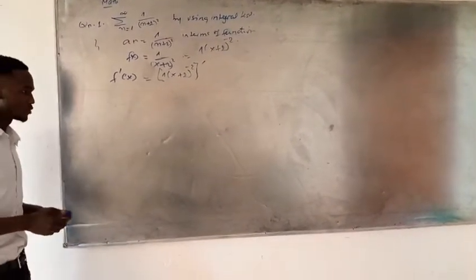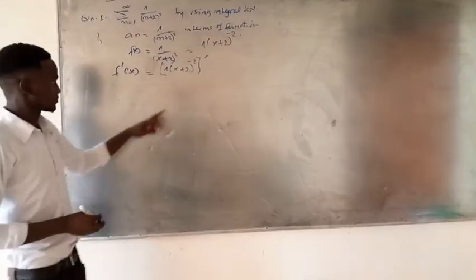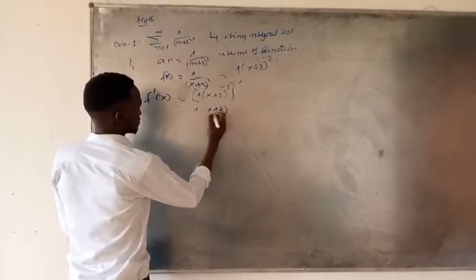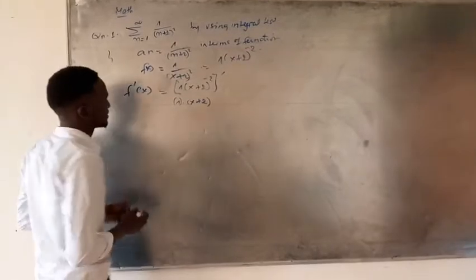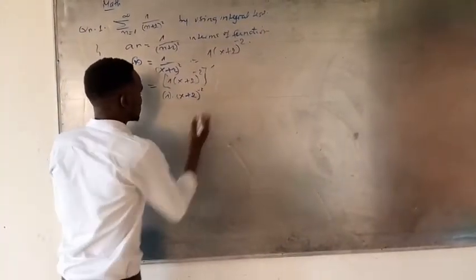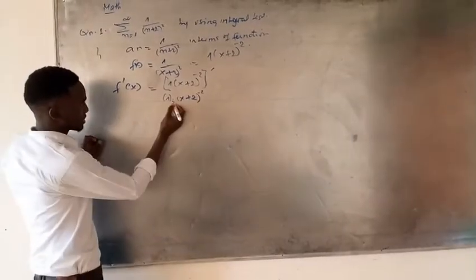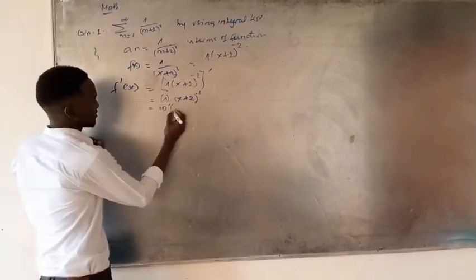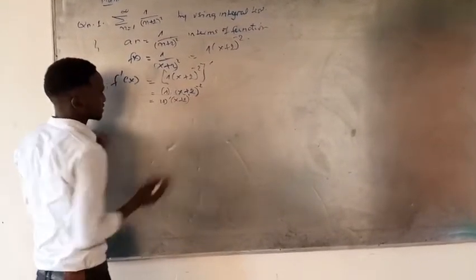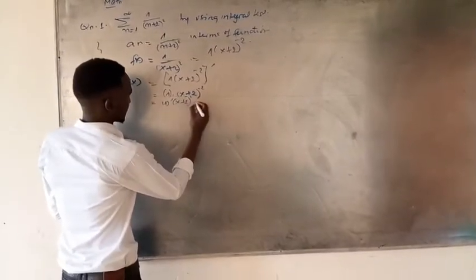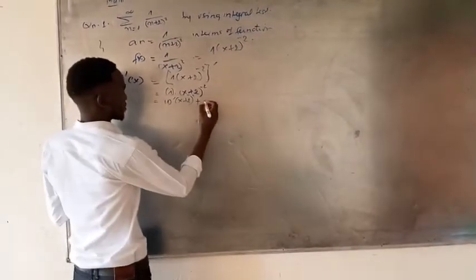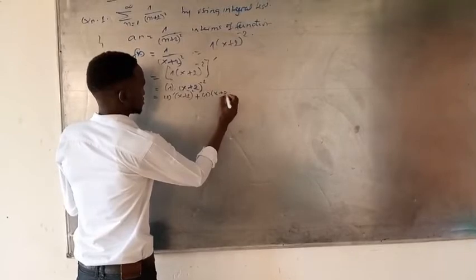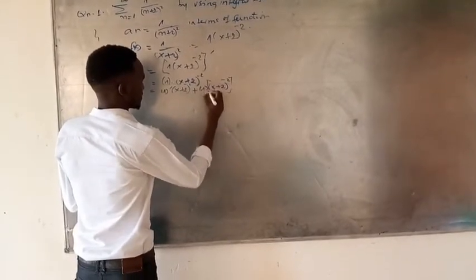Here you will find that if you have 1 times (x plus 2) to the power negative 2, we take the first as a function and this one as another function. Then in product form, we take the derivative of 1 times (x plus 2) to the power negative 2, not differentiated, plus 1 not differentiated times the derivative of (x plus 2) to the power negative 2.